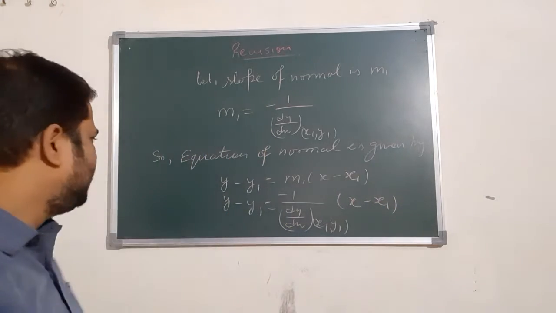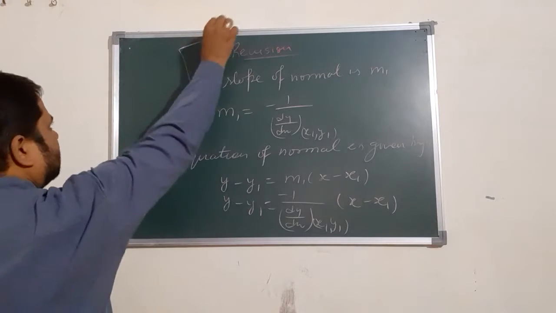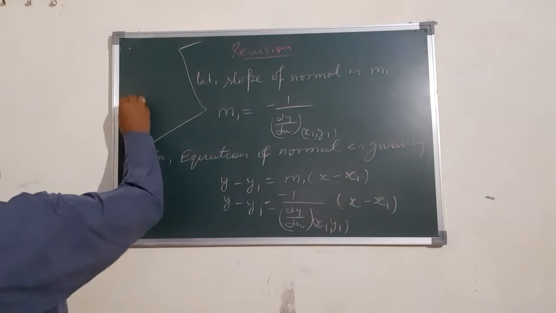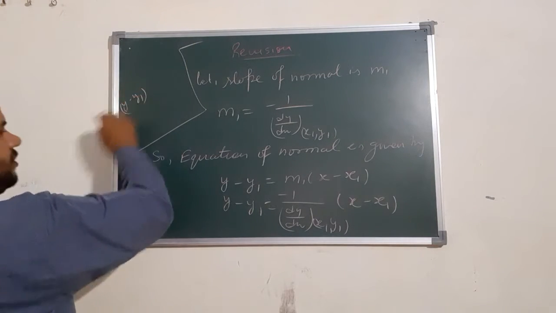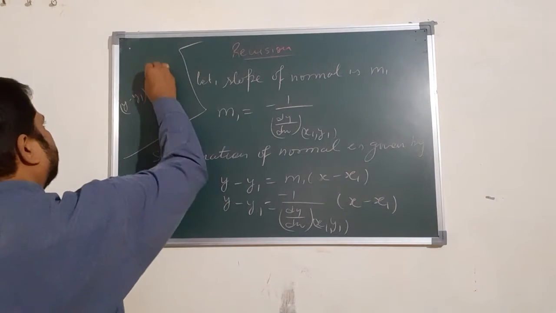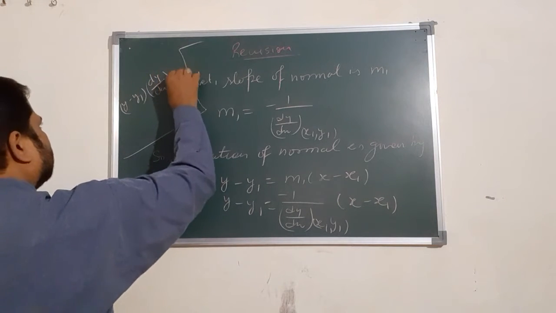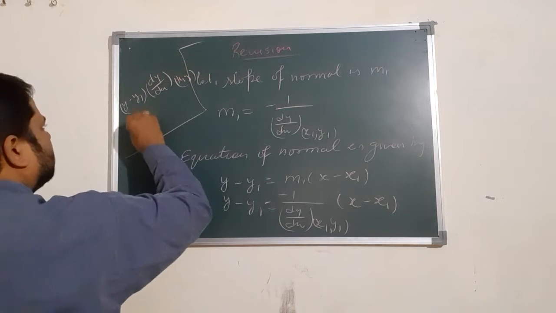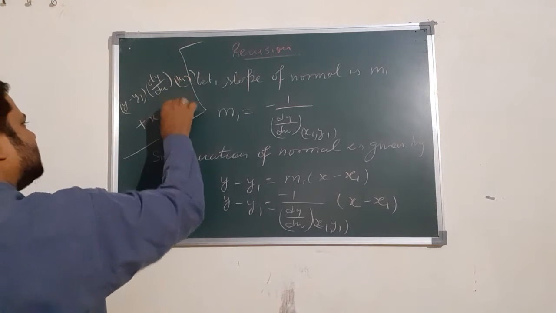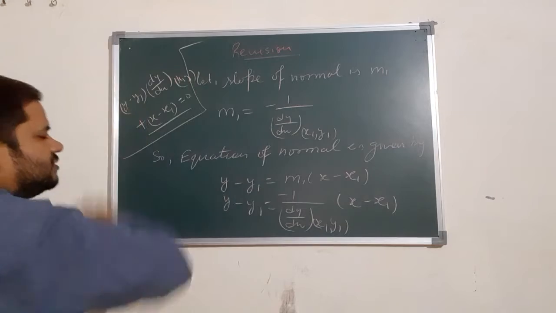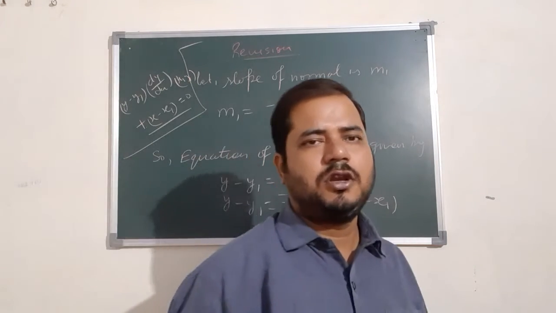If we simplify it, we get (y minus y1) times dy by dx at (x1, y1) plus (x minus x1) equals 0. So this is the equation of normal.